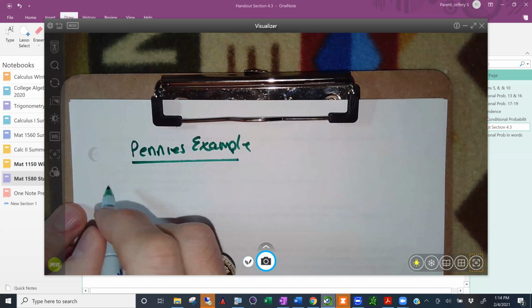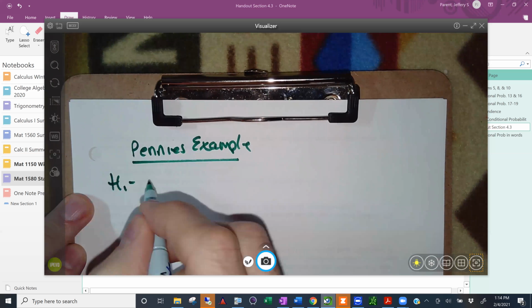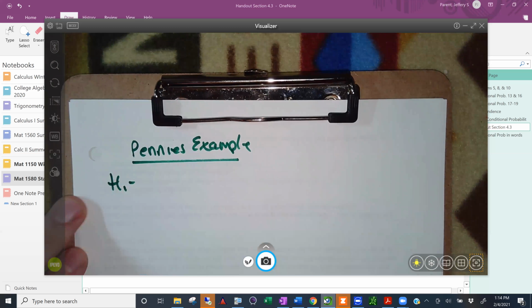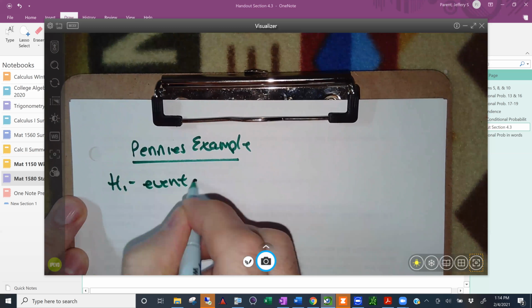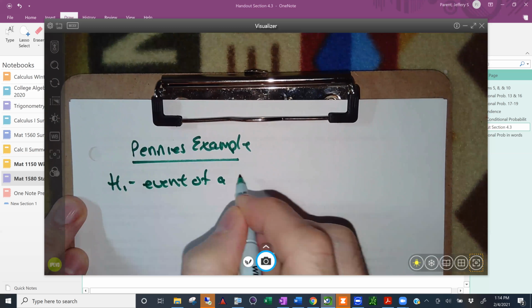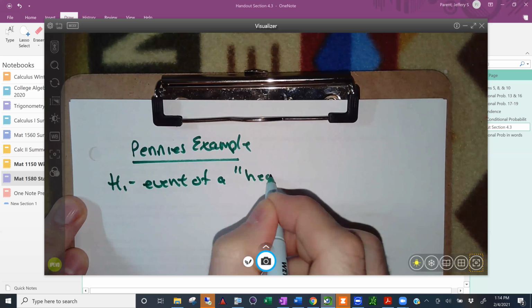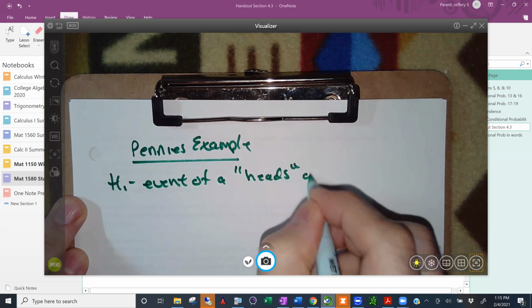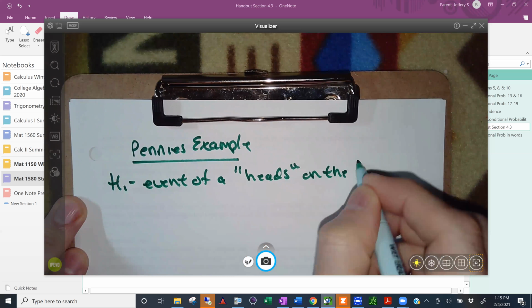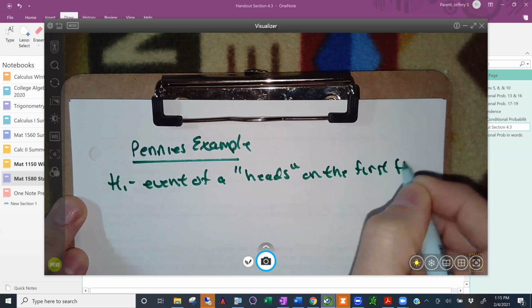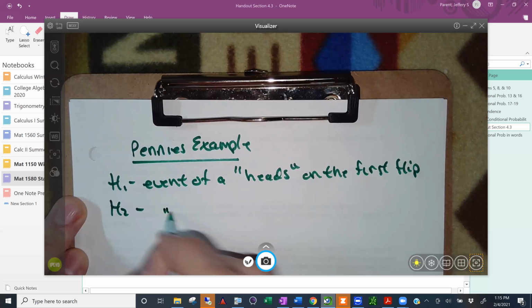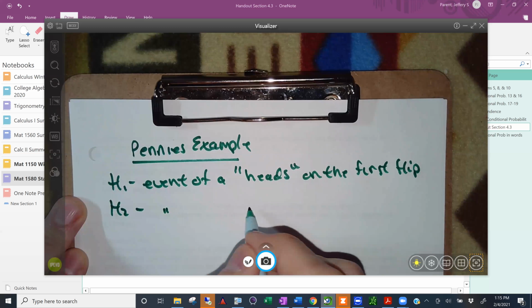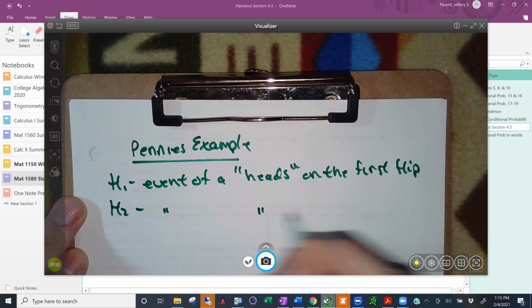I'm going to let H1 represent the event of getting a head in the first flip, the event of heads on the first flip. H2 is the event of heads on the second flip.